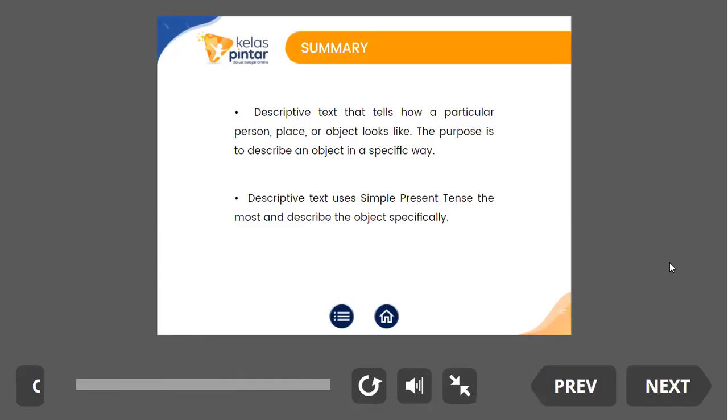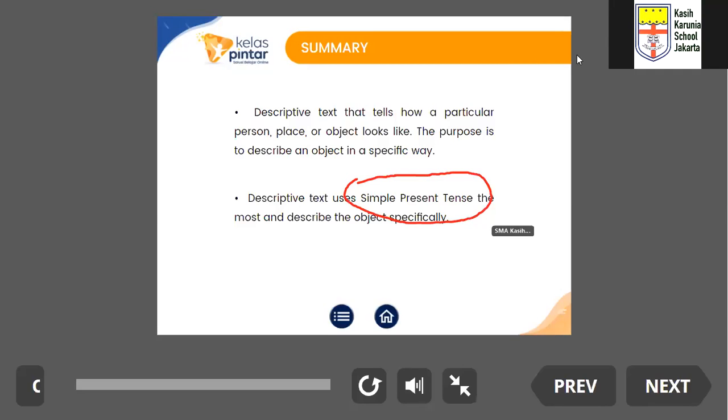Jason answers that descriptive text describes the object, the characteristics of something, and it is not a historical text or future text. So why do we use these? Kenapa pakai simple present tense? Why?